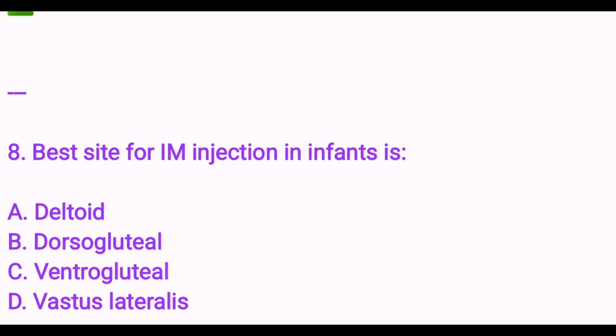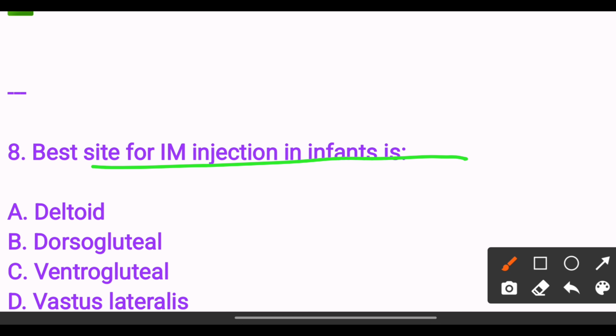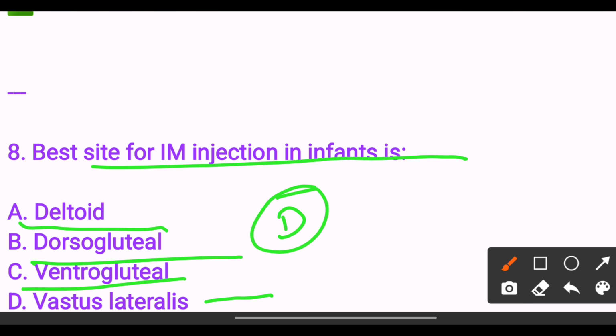the best site of IM injection in infants: option A deltoid, option B dorsogluteal, option C ventrogluteal, option D vastus lateralis. The answer is option D, vastus lateralis.